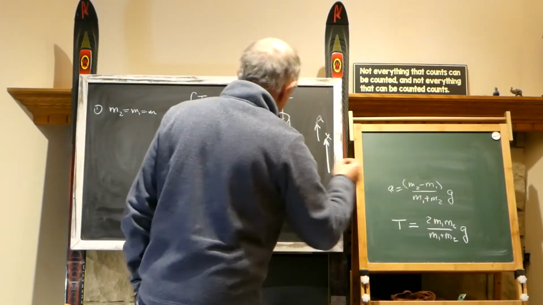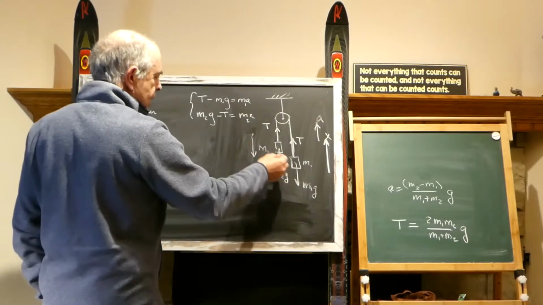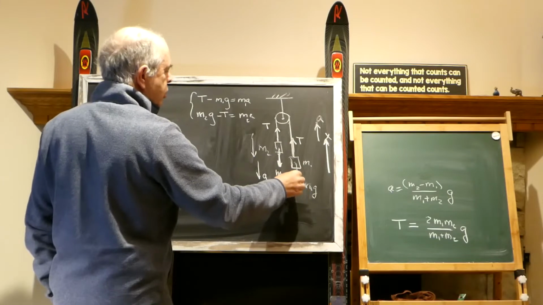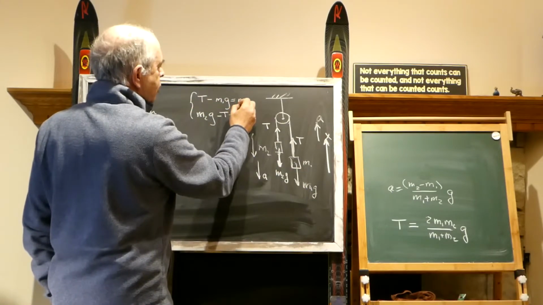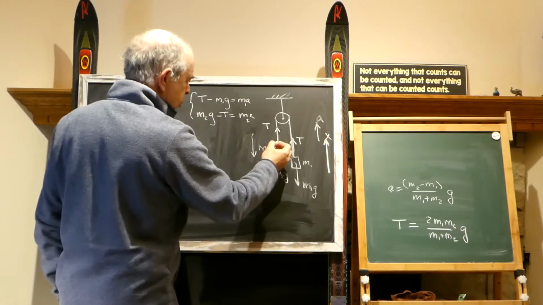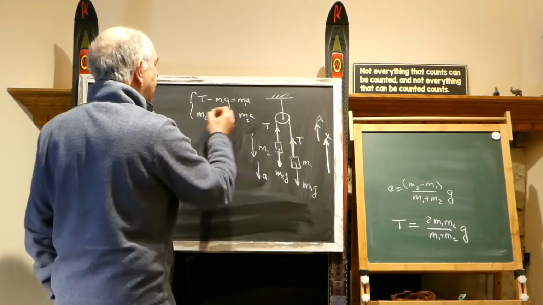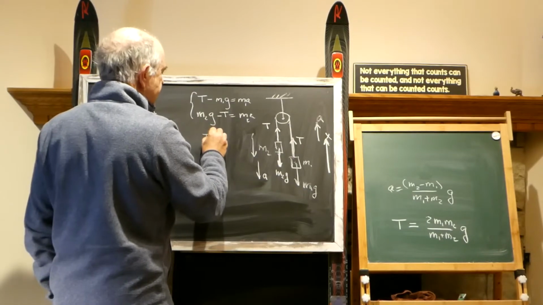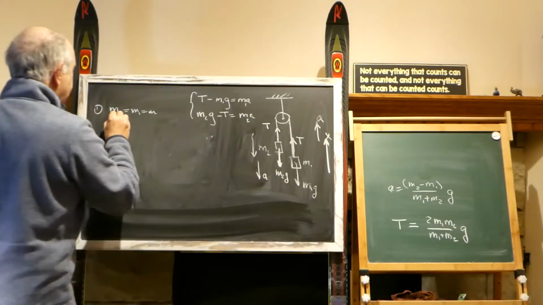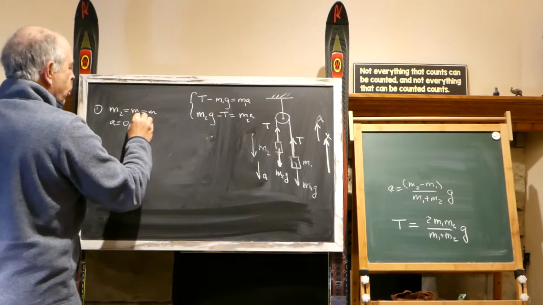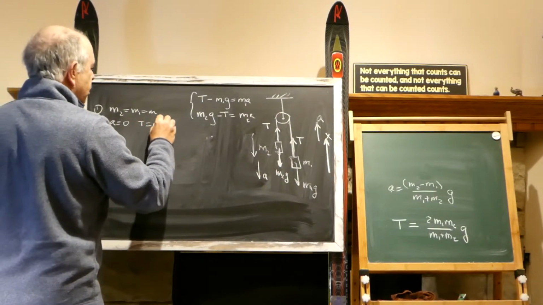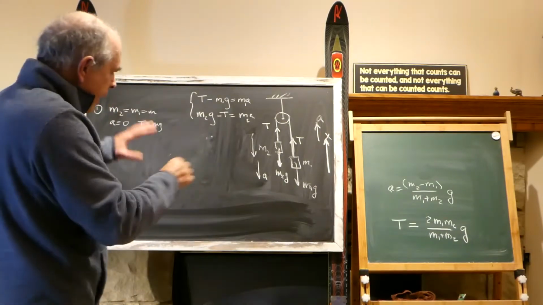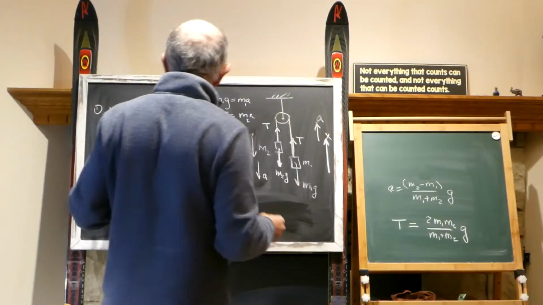That's a good thing. What about tension? This body: T up, M1G down, and they are completely balanced. This body: M2G down, T up, and they are completely balanced. So we can say that in this case A equals 0 and T equals mg, M1, M2, the same mg. Tension balances the forces, everything balanced.